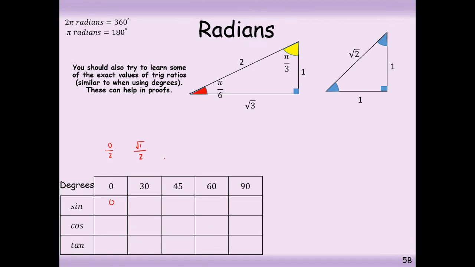I would suggest you write square root of 1 over 2, square root of 2 over 2, square root of 3 over 2, and here square root of 4 over 2, which is 1. These are for sines, because the sine curve goes up as the angle increases.